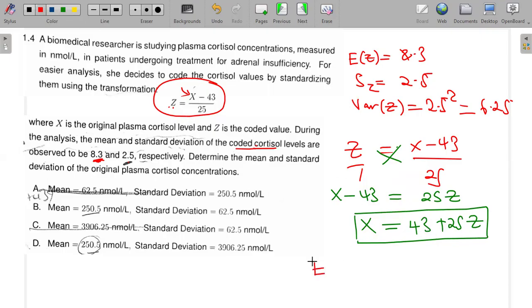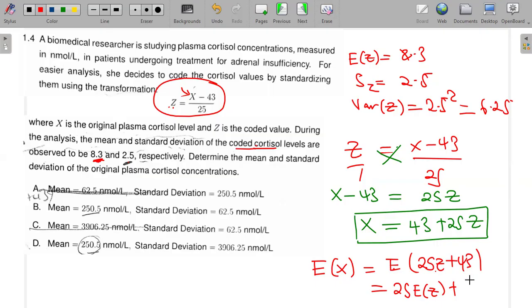So I'm going to say the expected value of X, which is the original mean, is equal to the expected value of 25Z plus 43. If I distribute this expected value, I get 25 times the expected value of Z, plus the expected value of 43.